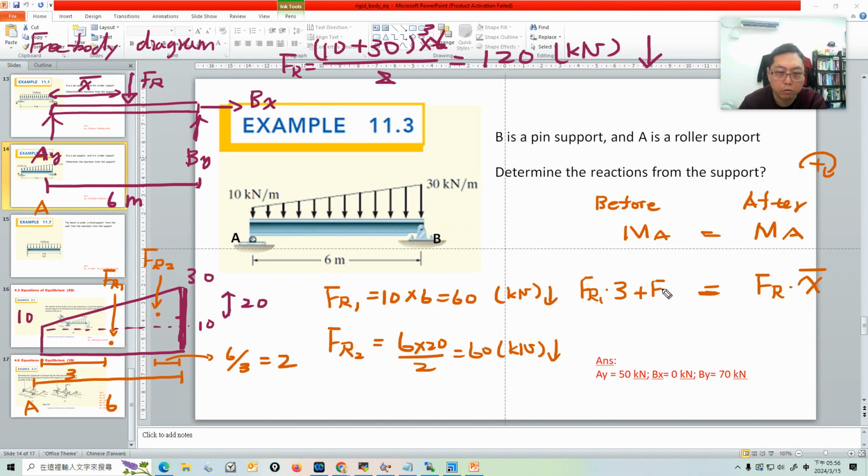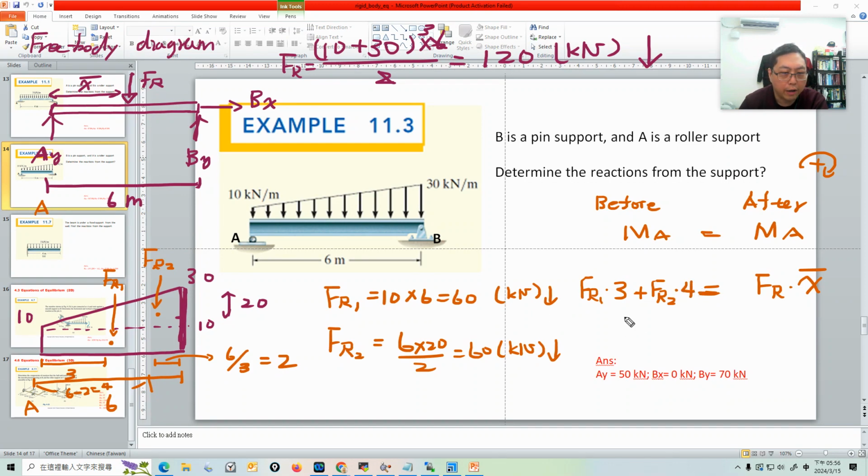The lever arm 3 for FR1 is easy. For FR2, this distance is 6 minus 2, which must be 4, because here is 2. I don't want to explain this, just convince yourself. So this is 4 here.